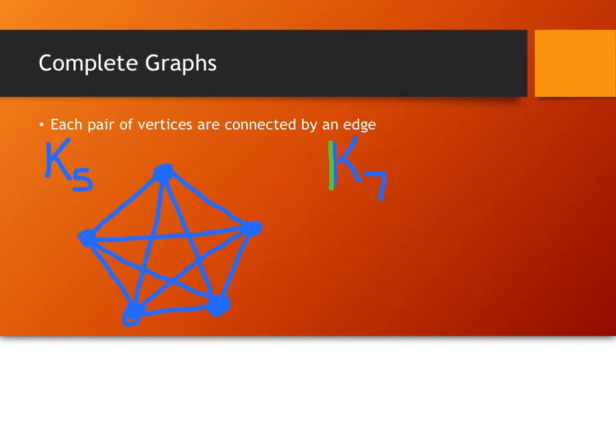K7, I'm going to draw this with a green, I think. Well, same deal. Make all the connections. Sometimes it's a little bit harder when you have higher degrees to make sure that everything is there. So I got 7 vertices. Maybe I'll draw these dots a little bigger too. So to draw the complete graph on 7, go around first.